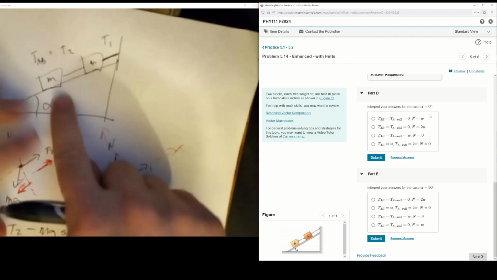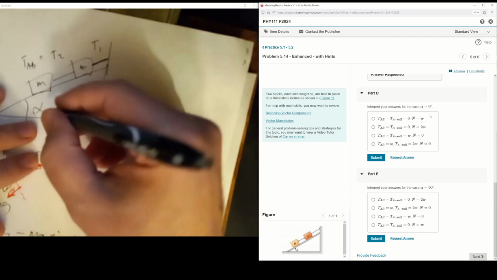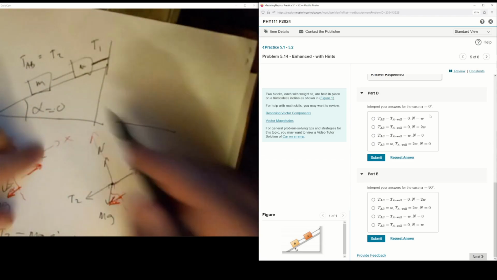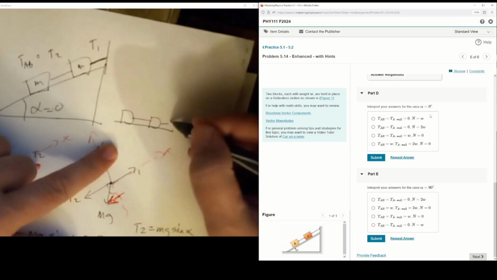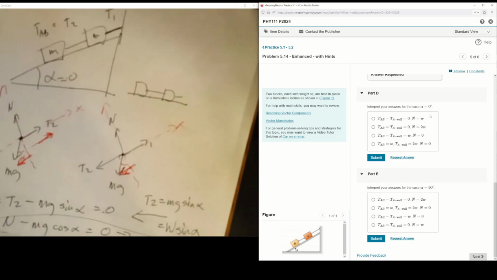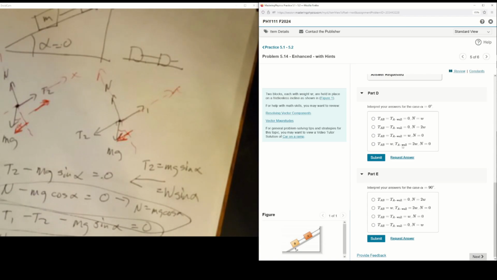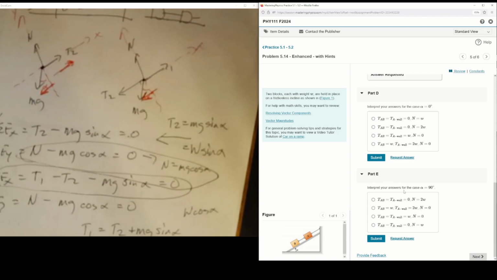So they're saying if alpha goes to 0, that means the ramp is now a flat surface, and now there's no tension in there because the block's not being held up by a ramp anymore. So that's what they're asking in the last 2 parts, just some multiple choice, and just asking what happens there.